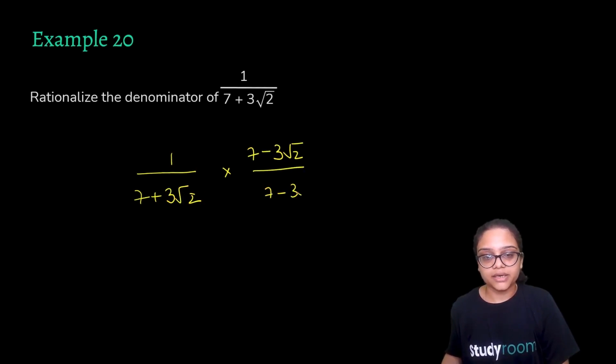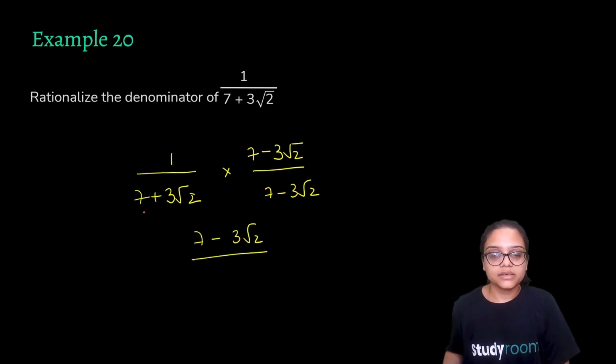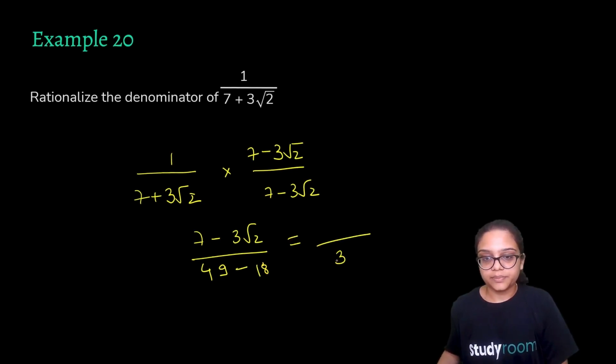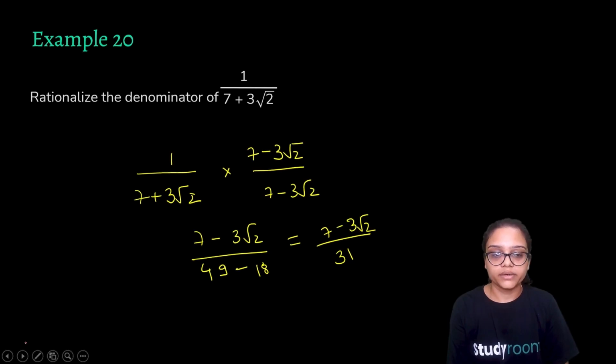Simply multiply by the negative and we get 7 minus 3 root 2 above, and below we get a square minus b square, which is 7 square, 49, minus 3 root 2 square. What is 3 root 2 square? 3 square is 9 and root 2 square is 2. 9 twos are 18. So below it would be 31, which is a rational number. So we have finally rationalized the denominator.